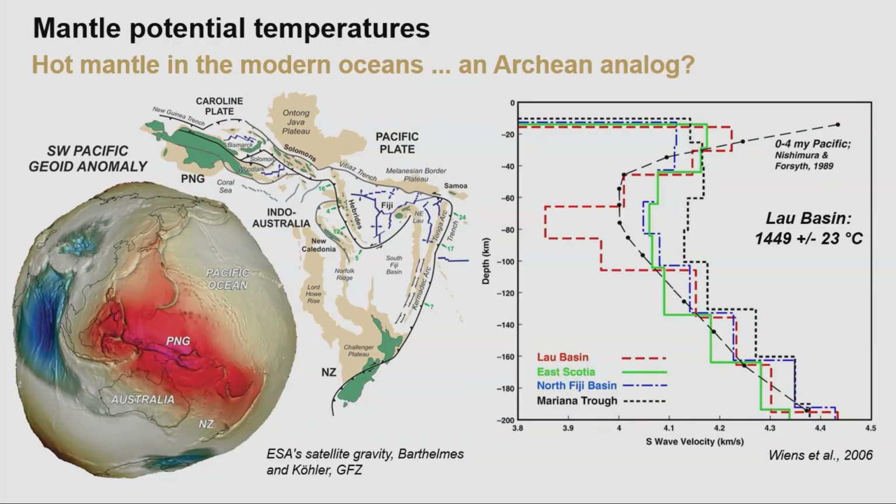The focus has been on this major region of crustal growth, which in addition to intense magmatic and tectonic activity is also a region based on seismic velocities of some of the hottest mantle on the planet today. If there is an analog of Archean hot crust and hot mantle, this is probably it for the planet. And it's dominated by what appears to be the beginnings of a Superior-sized continent emerging from the oceans.